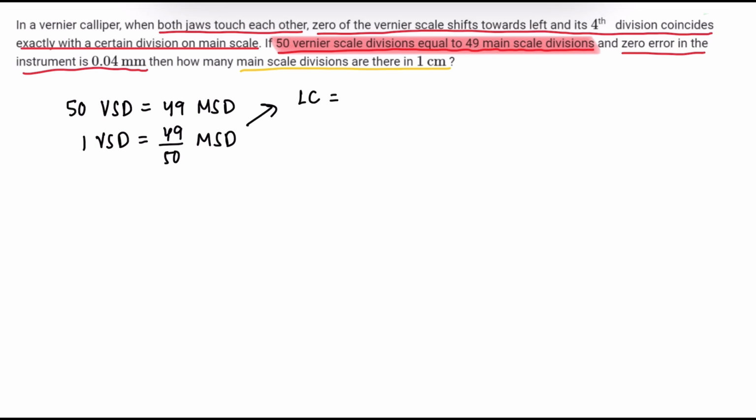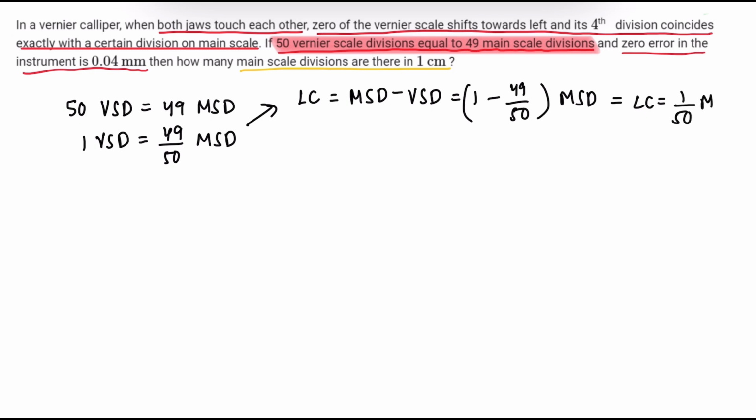The least count would be MSD minus VSD. Not only in this case, this is true in every case. Here what we have to do is just subtract 1 minus 49 over 50 MSD. So the least count is 1 over 50 MSD. So that's what we got initially.